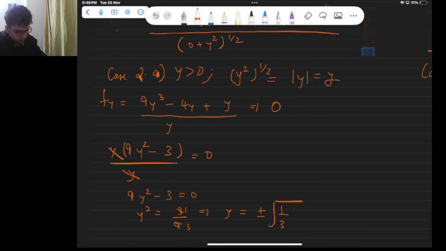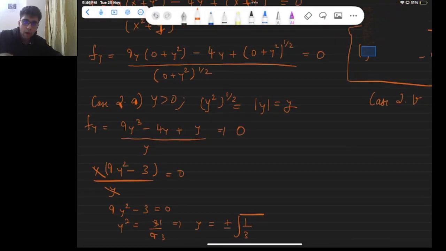After doing all of this, the whole expression, when I computed y as greater than 0 and substituted in the expression, the value that came out was x is equal to 0, which I substituted initially, and y is equal to plus minus 1 by the root of 3, right? But now I'll be rejecting the value y is equal to minus root 1 by 3. Why? Because y is greater than 0. I have assumed that in the first place. So I'll be rejecting this value.